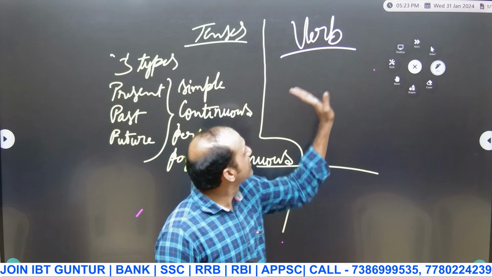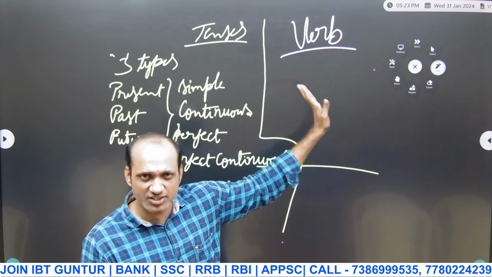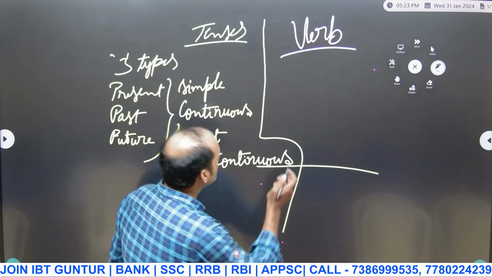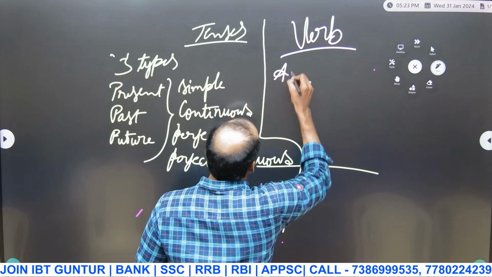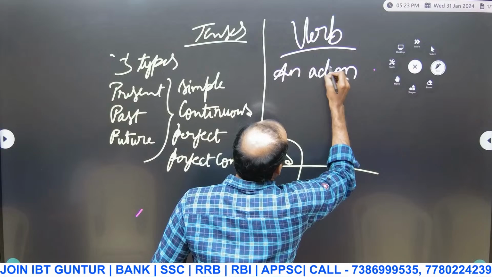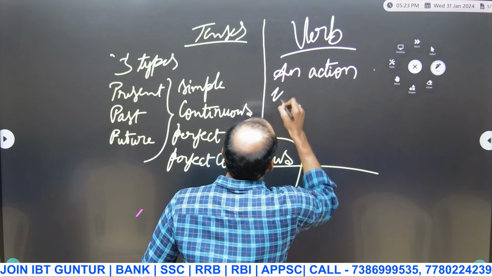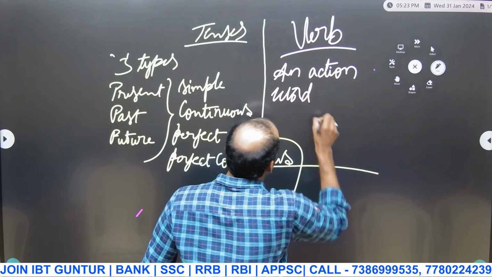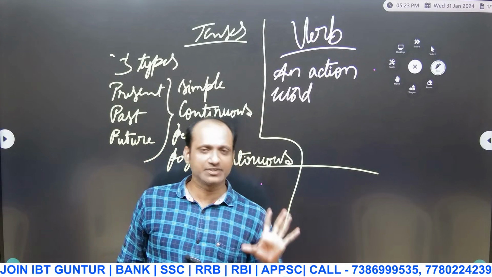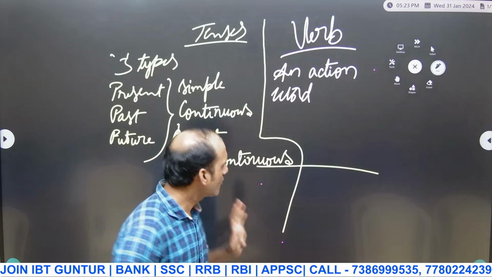So verb is nothing but an action word. It expresses an action. That's it. It is classified into 5 types. How many types? 5 types. What are they? Let us see.